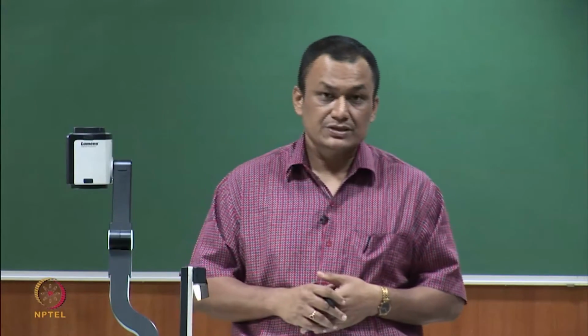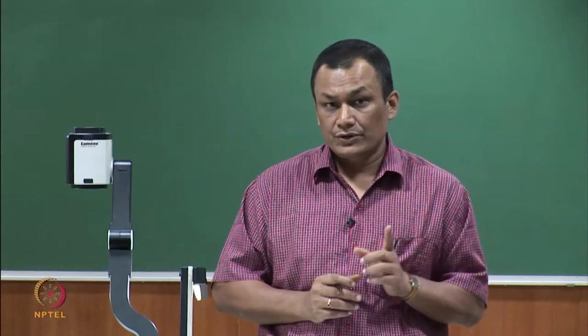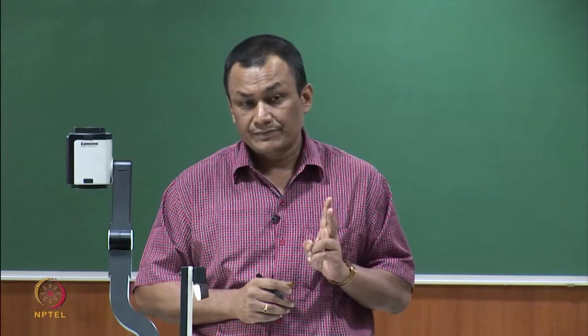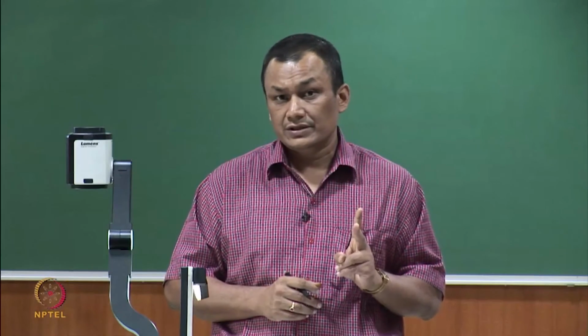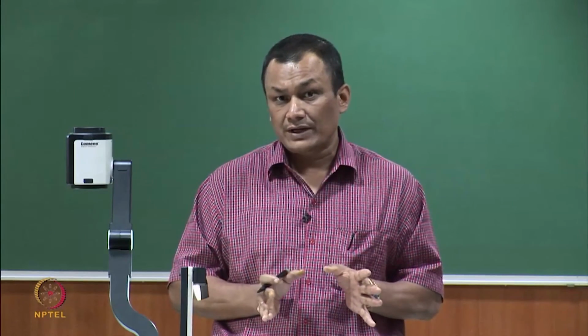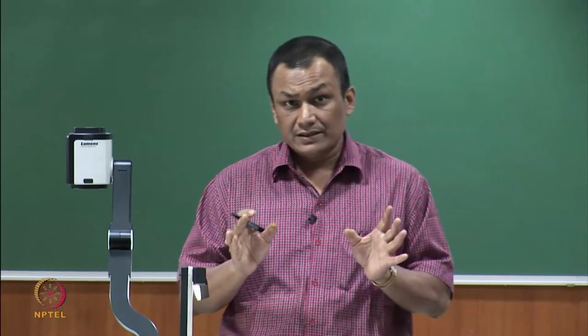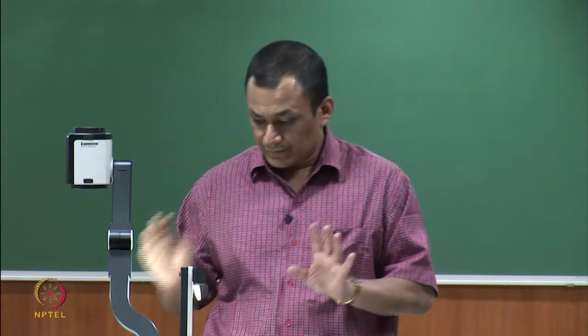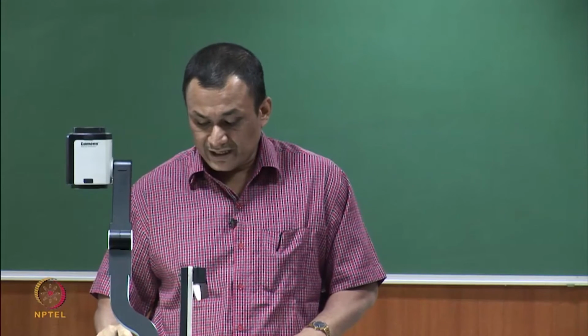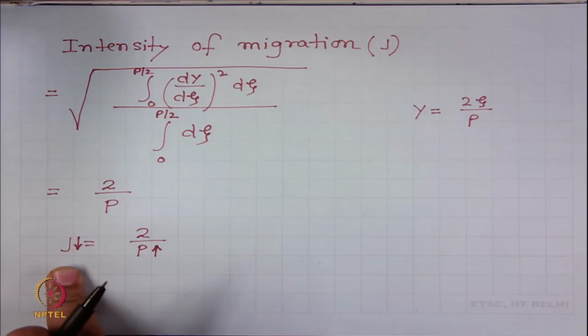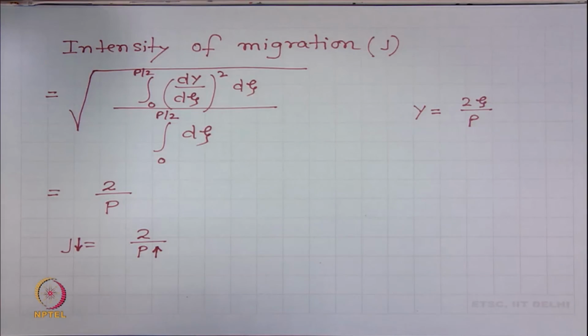You remember when we used approximations, we considered two assumptions: one is tan square beta much less than 1, and the second was that p is very high. Then we talked about slow migration because of this. When p is very high, the migration is very slow. So, these three characteristics can be obtained from Taylor's model of migration.